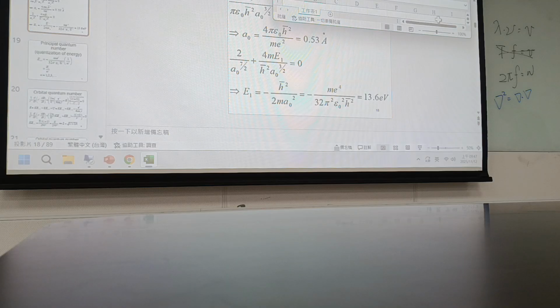Planck constant divided by 2 pi. And what is the Planck constant?